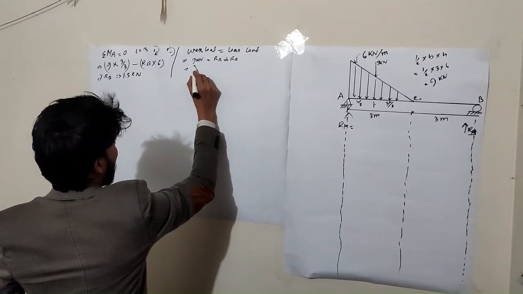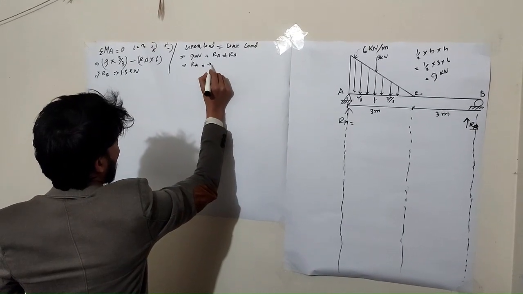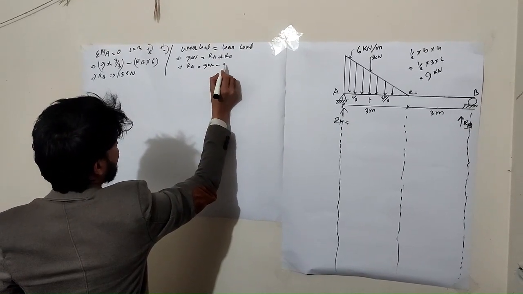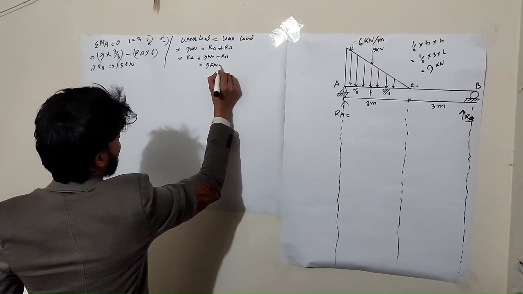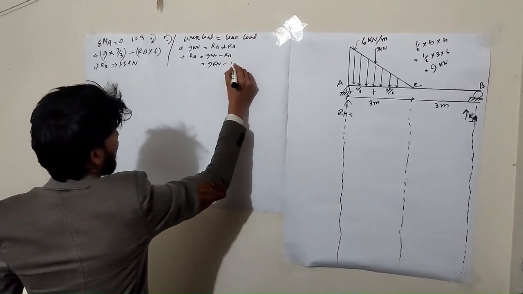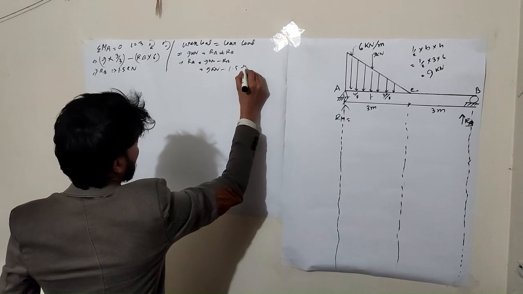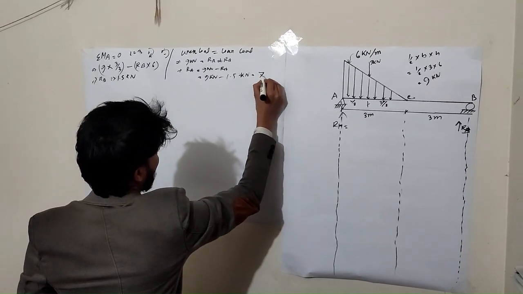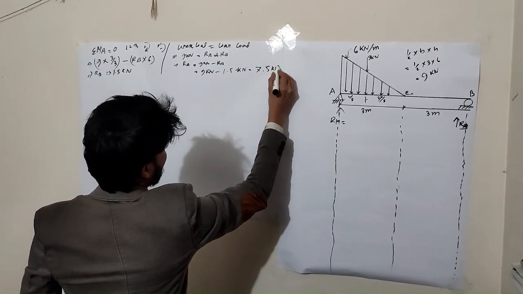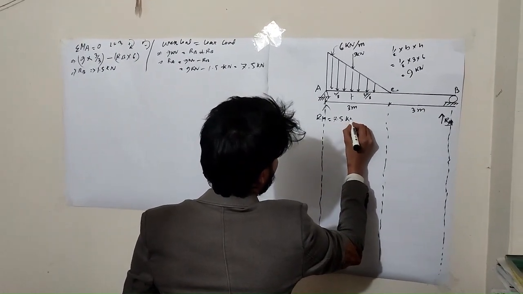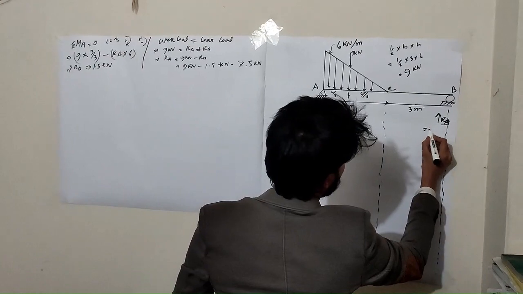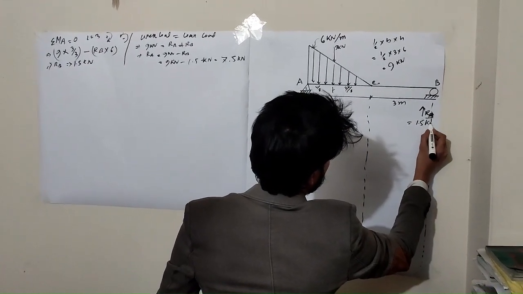So RA equals 9 kilonewton minus RB, 9 kilonewton minus 1.5 kilonewton, which is 7.5 kilonewton. So RA is 7.5 kilonewton and RB equals 1.5 kilonewton.